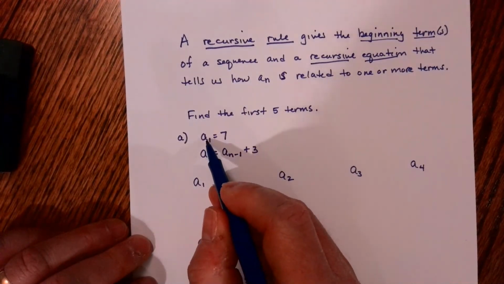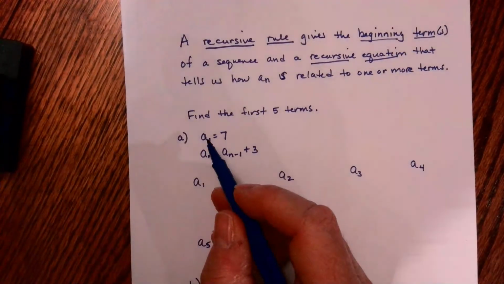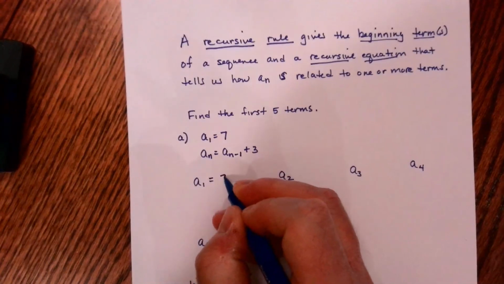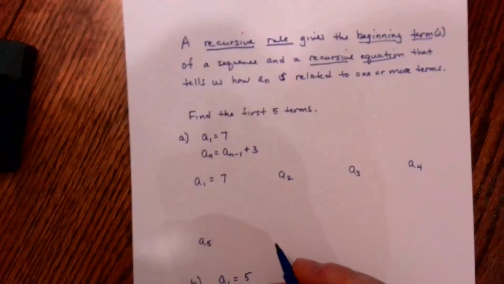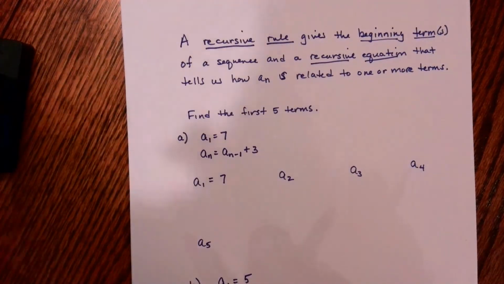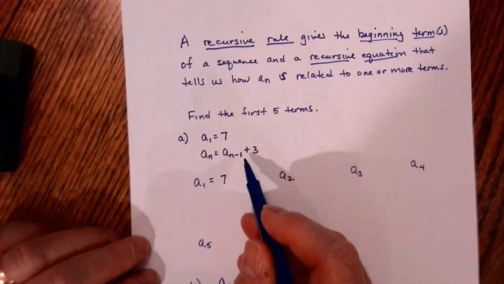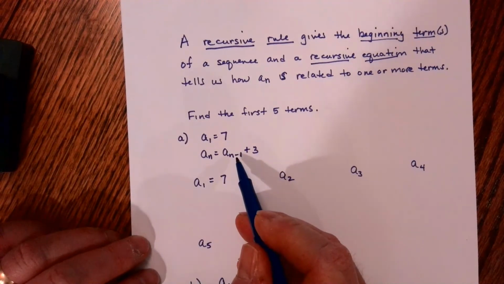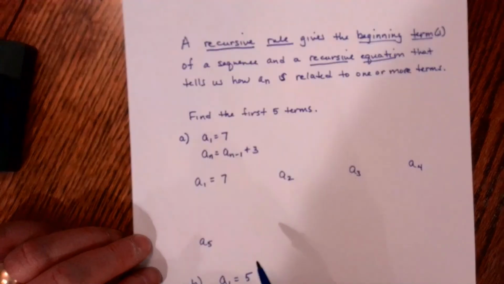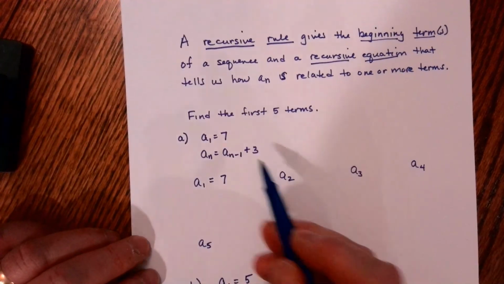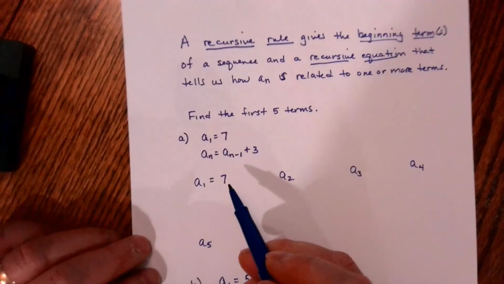a sub 1, or my first term, is 7. So I'm simply going to say that the first term's value is 7. Now, what do you think this second equation is saying here? It's telling us how the rest of the terms relate to the first term. So for example, if n equals 2, then this would be 2 minus 1.